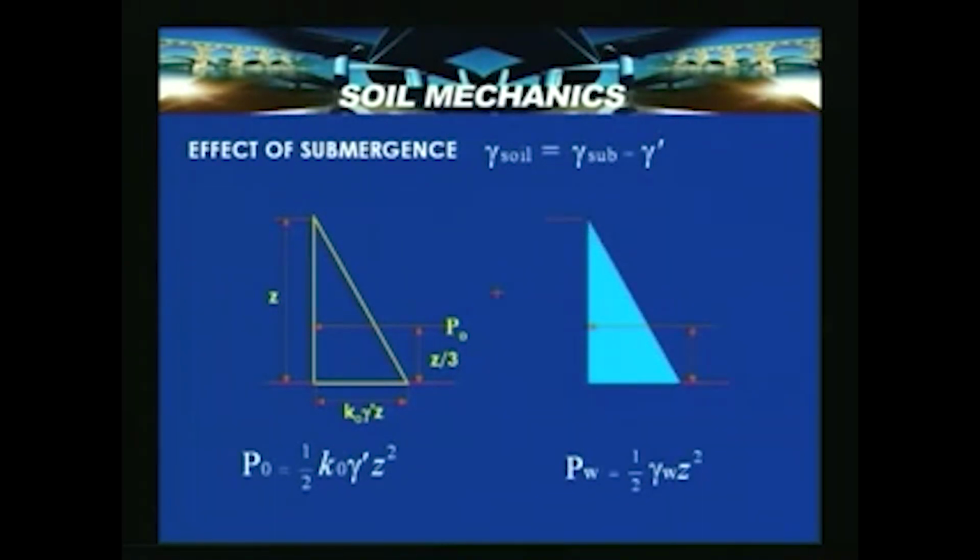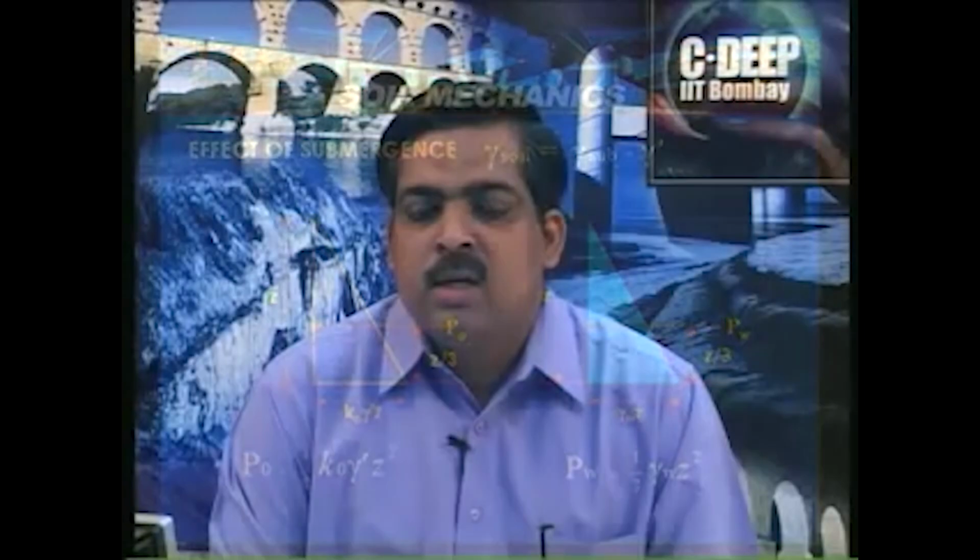There is also a component due to water filled in the voids, so that pressure is Pw equal to half gamma W Z square. As water has no shear strength, Ka and Kp are equal to 1. So Pw is equal to half gamma W Z square.